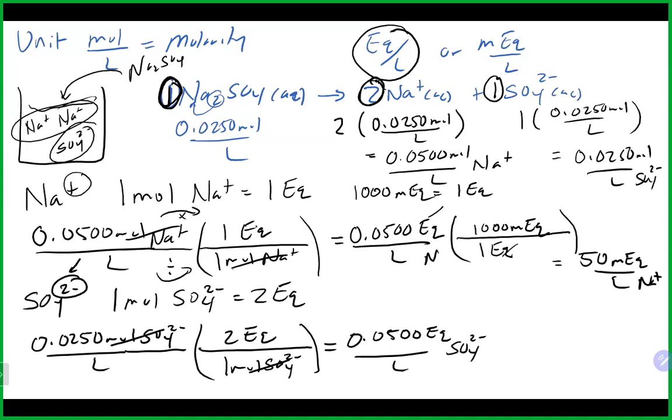And that's obviously the same as sodium up here. And once again, we can use our equivalents to milliequivalents conversion. And again, in 1 equivalent, there are 1,000 milliequivalents. And that's going to get me 50 milliequivalents per liter of sulfate.